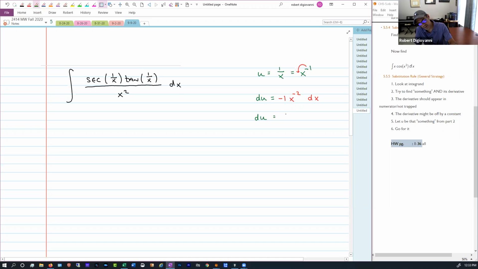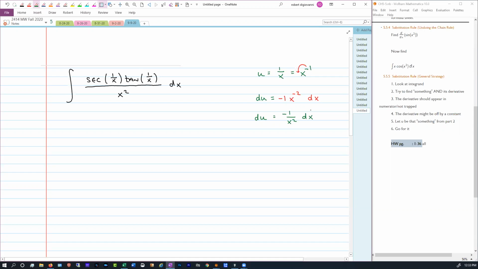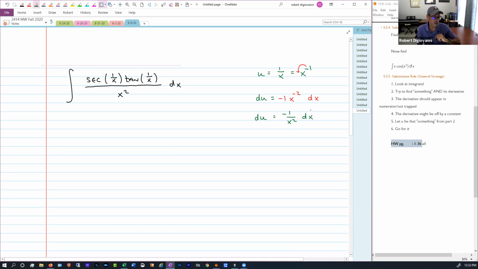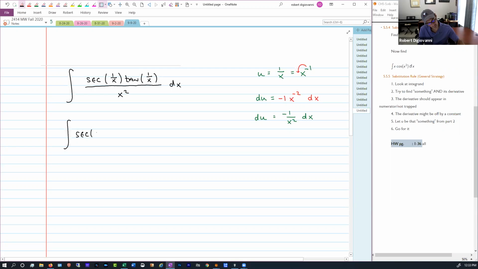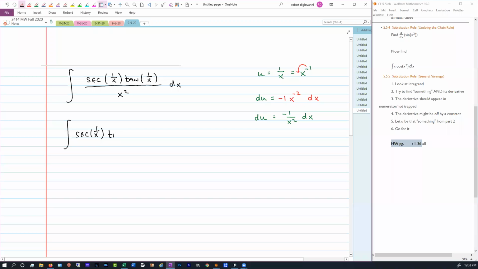Jorge, couldn't I rewrite this as -1 over x squared though? Yeah. Do you have -1 over x squared? Well, you don't, but you could make it. Yeah. So we actually do have an x squared on the bottom, don't we? Yeah.